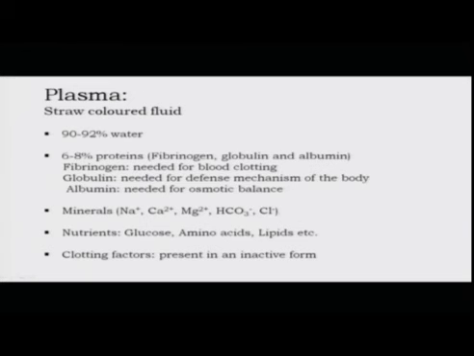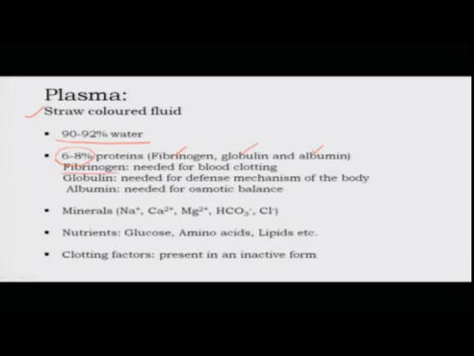This is a straw colored liquid and it is comprised of about 90 to 92% water, and then it has a lot of proteins which make up about 6 to 8% of the total volume. This is mainly made up of fibrinogen, globulin and albumin.